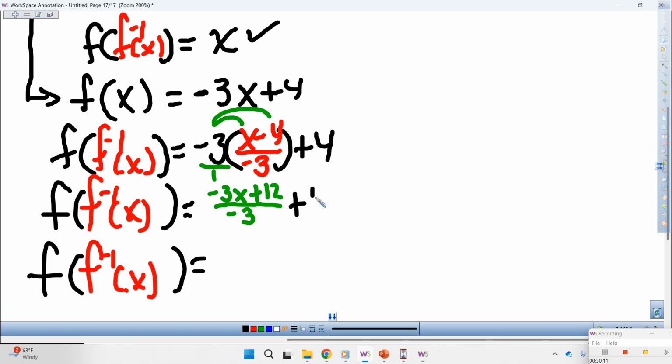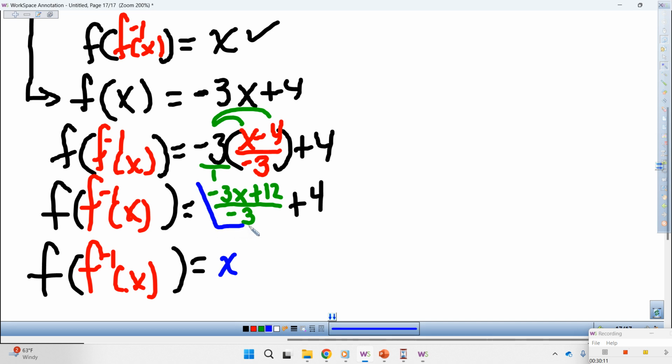And at the end, plus 4. Next, let's simplify this. What is -3x divided by -3? And repeat that again. What is -3x divided by -3? 1x. What is 12 divided by -3?